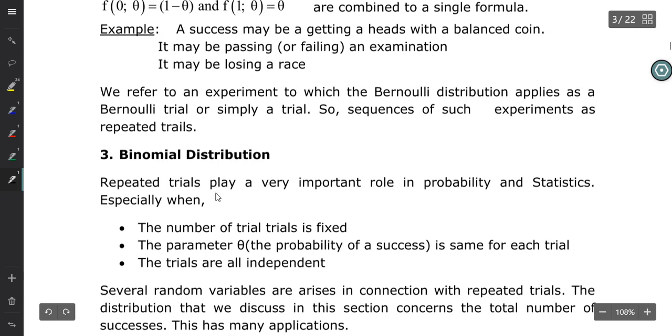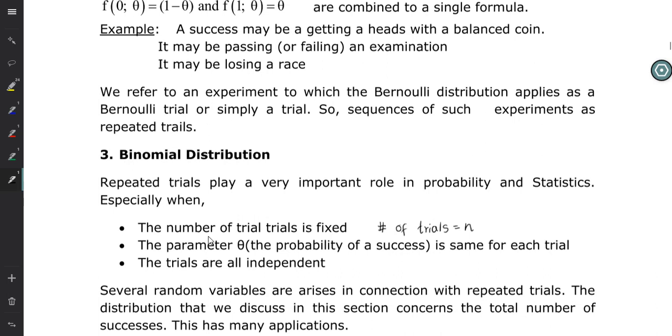In order to define a binomial distribution, you have to satisfy three conditions. Look at these three conditions. The first condition is that the number of trials is fixed. Usually, the number of trials we define as lowercase letter n. The second condition is that the parameter theta, that is the probability of success, is the same for all of these n trials.